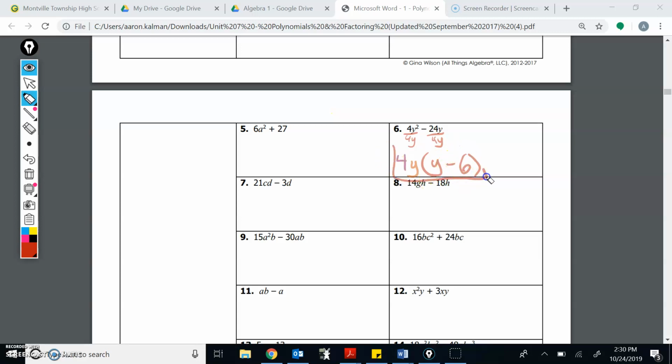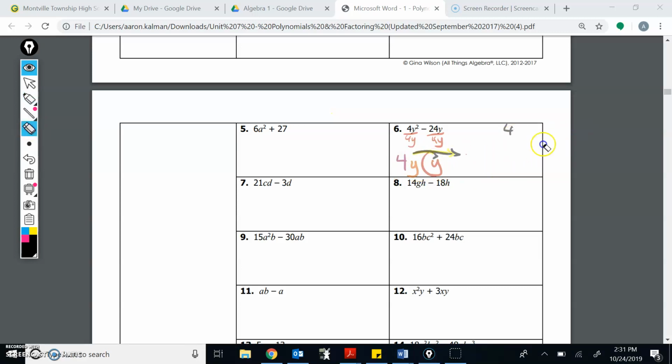Check your answer through distribution. If we distributed here, we would end up with 4y squared minus 24y, which is correct.